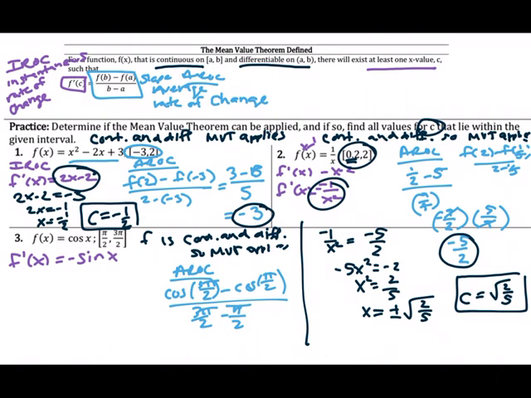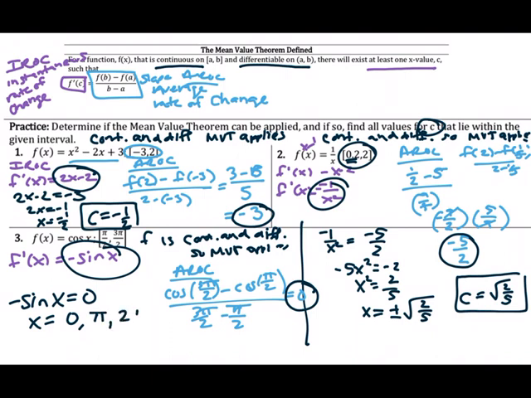Well, cosine of 3 pi over 2 is 0, and cosine of pi over 2 is 0, so this is all going to be 0. So according to the mean value theorem, I want to know when does negative sine of x equal 0, which was the average rate of change. Well, sine is 0 at 0 and pi and 2 pi. The only one of these that is actually within this interval is pi, so here this c value is pi.